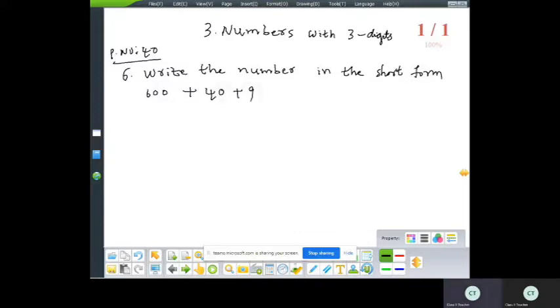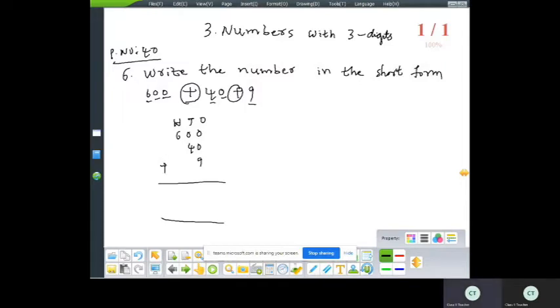First, we locate the place values: 1, 10, 100. 600, again 1, 10, 40, only one 9. The sign is addition.